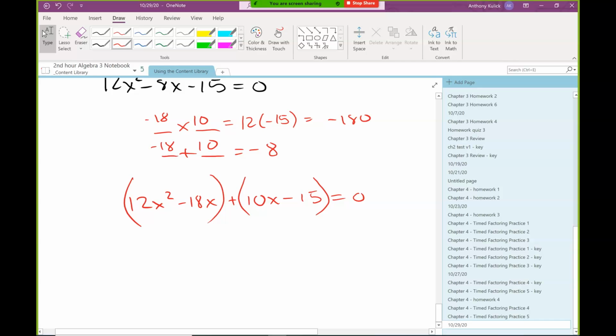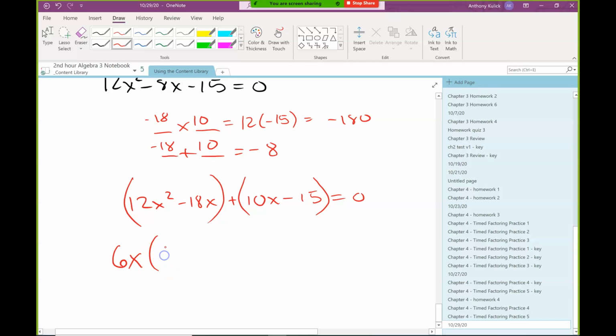Okay. There's a bigger number than 3 that divides both of them. There's more than just 6 that divides them. Not a bigger number, but more stuff. About 6x.